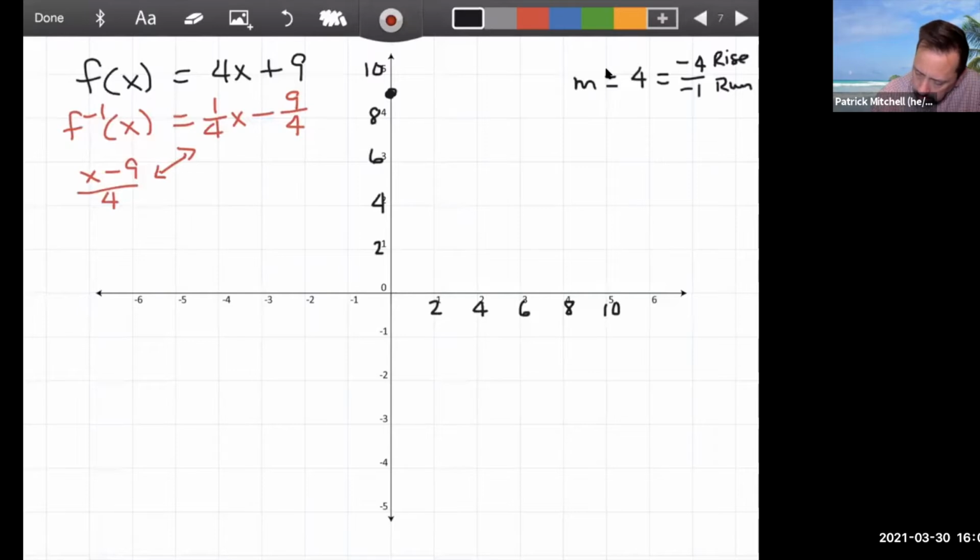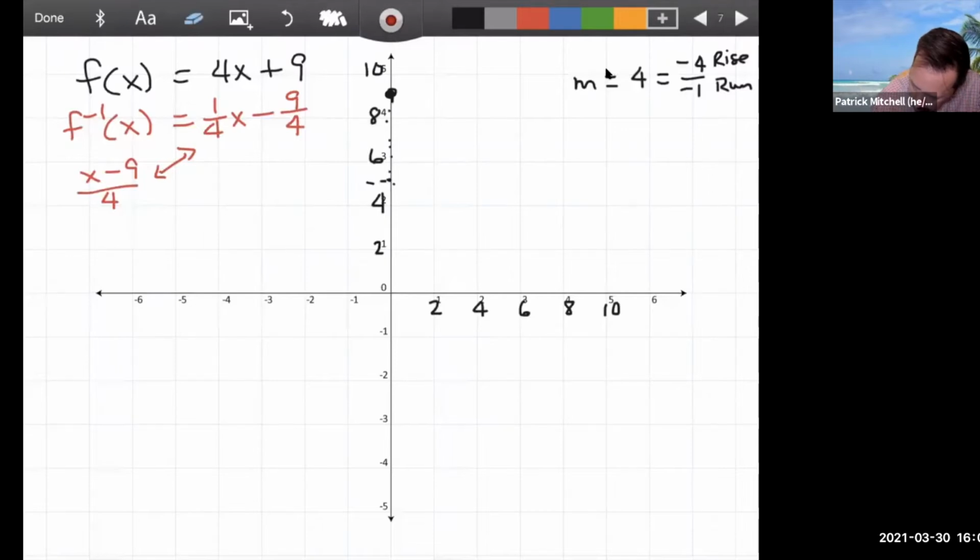All right, so I'm going to go down 4, which is going to bring me to 5, and then I'm going to go 1 to the left. And if we do that one more time, go down 4 and go 1. Oh, wait a minute, I messed up. Forgot about my scale.